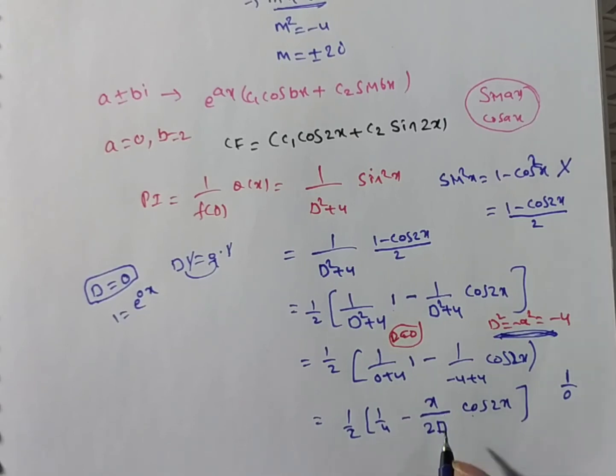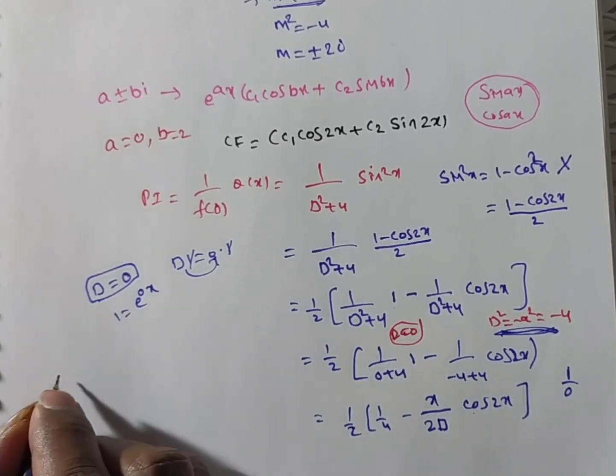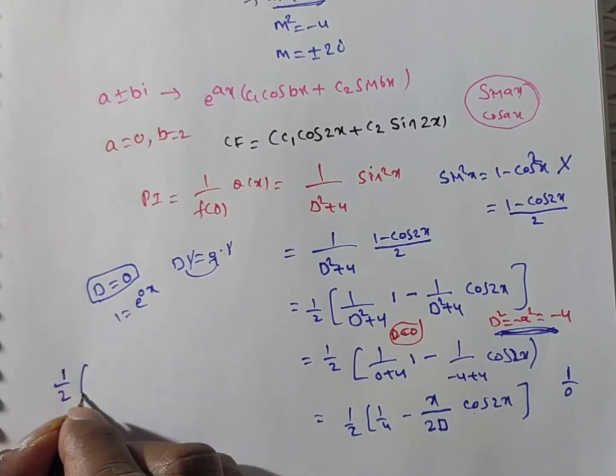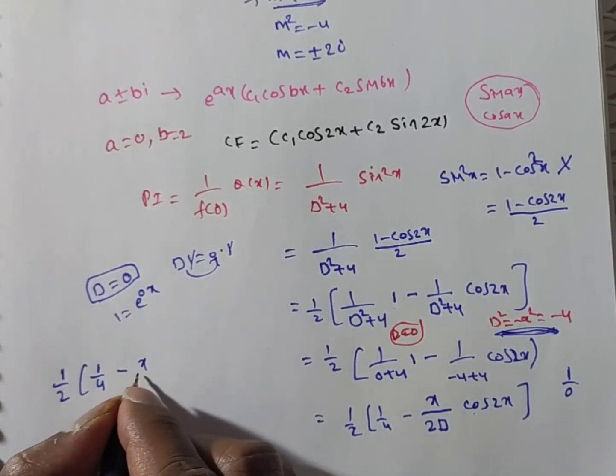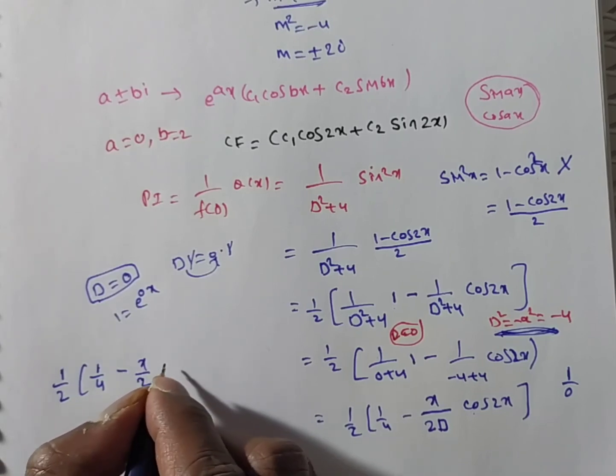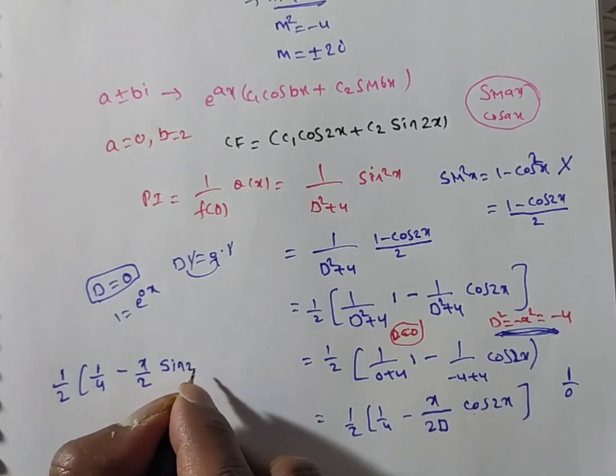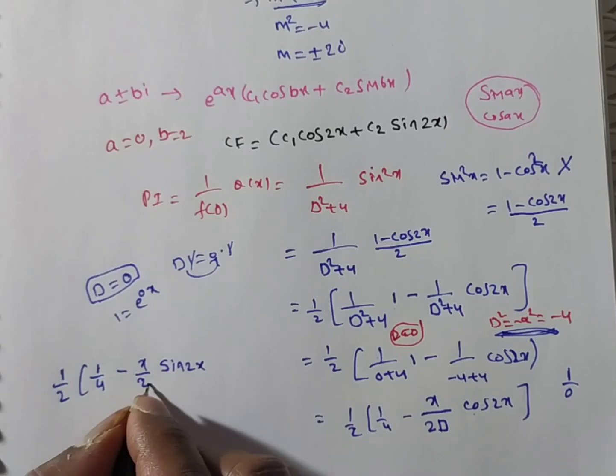Simple. Now friends, here you have only D power 1. If D is in the numerator, we will do differentiation. If D is in the denominator, we will do integration. So I am writing here 1 by 2 times half, 1 by 4, minus x by 2 into the integration of cos 2x, which is sin 2x by 2, nothing but sin 2x by 4.